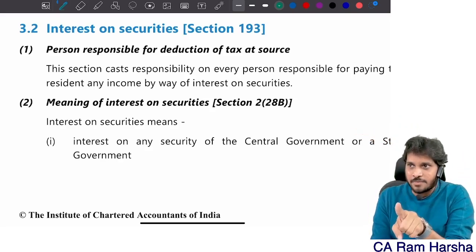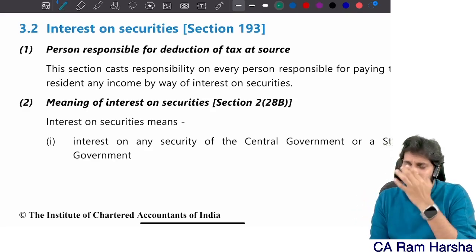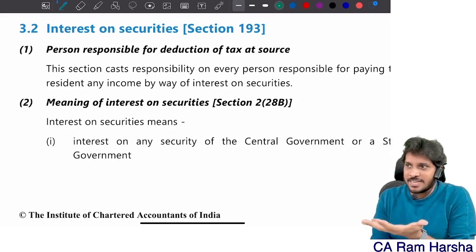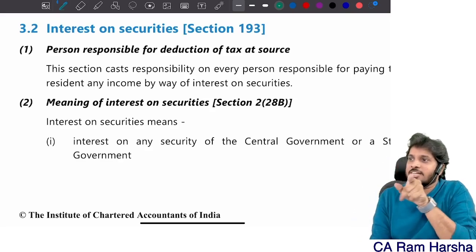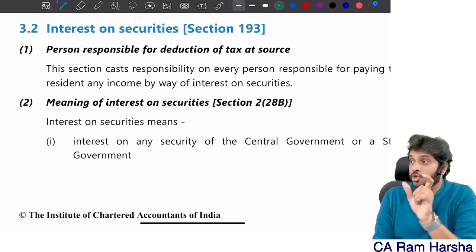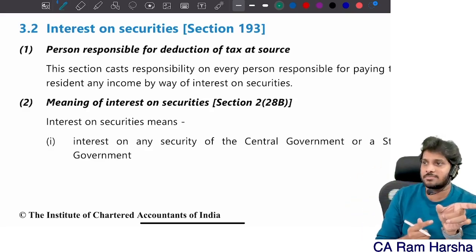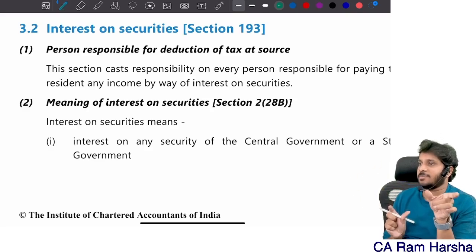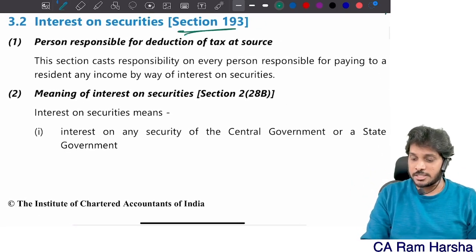Actually tax it in the hands of the employee first; technically it is exempted. Getting the point? So first tax it, identify the tax amount, divide by total income to get the average. Apply that average on the non-monetary perquisite value. You will get the tax amount on the non-monetary perquisite which the employer will bear. The remaining amount will be deducted from the employee. Getting it?